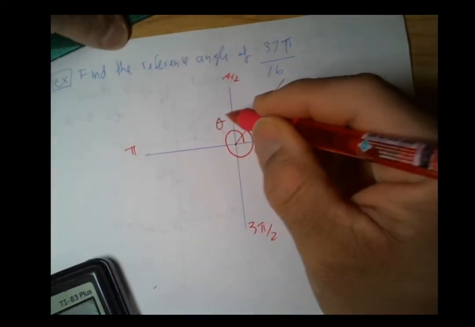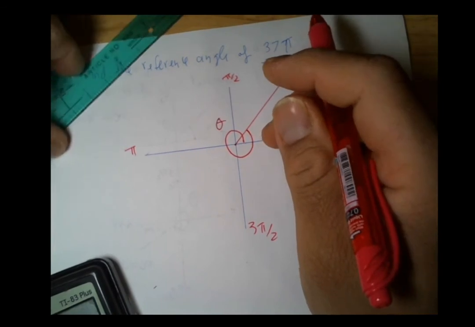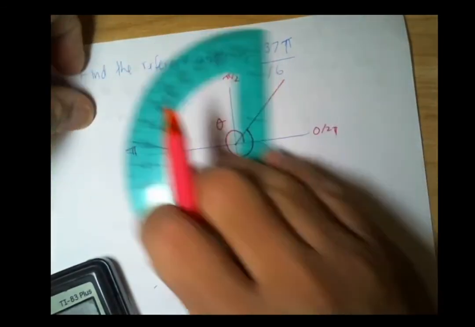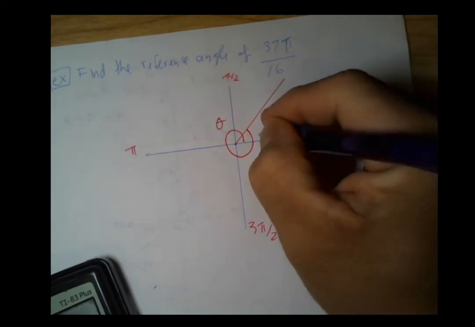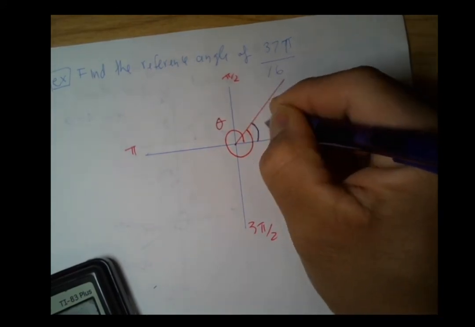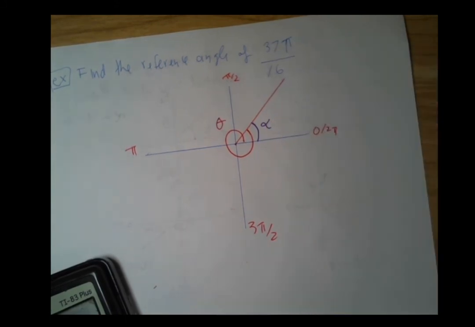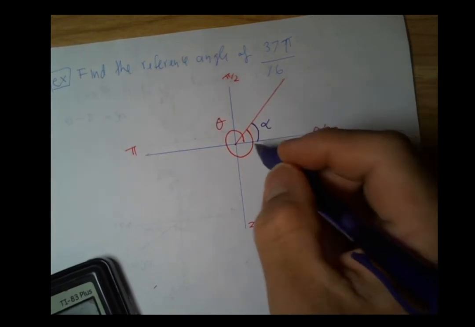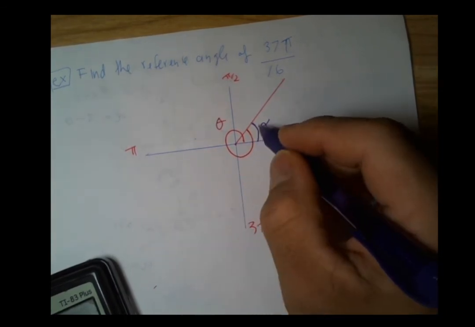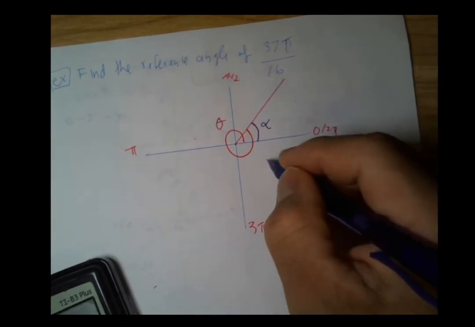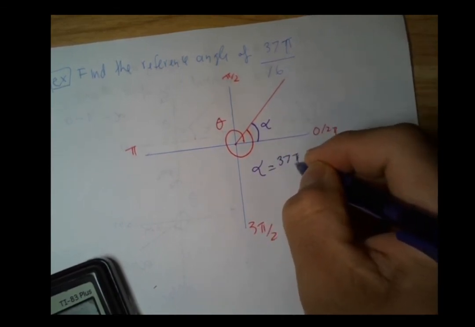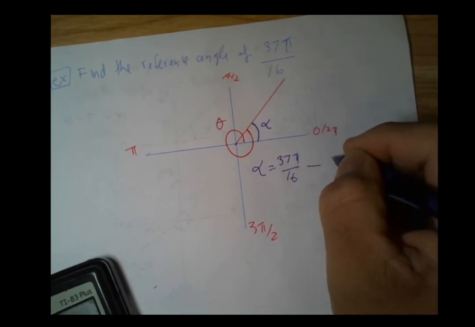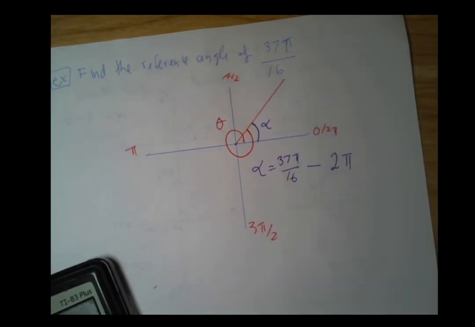All right, so that would be theta. Okay, so now what I want to do is find this angle here. That would be alpha. Okay, so notice that to find this alpha here, I could take my angle, the full 37 pi over 16, and then subtract 2 pi.